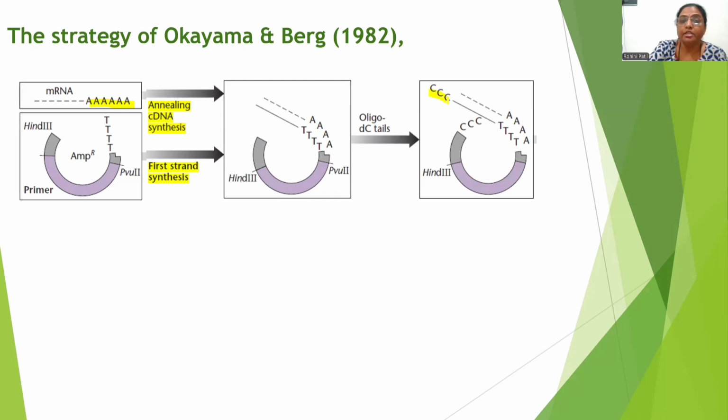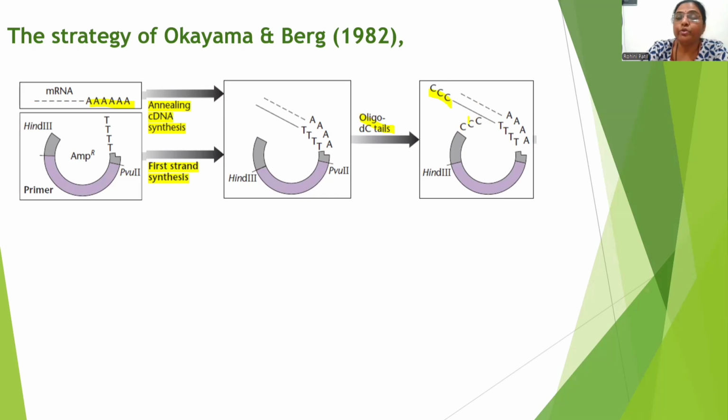That's why there is a synthesis of the oligo dC tail. Again the same enzyme, terminal transferase, is going to be used. But when you use terminal transferase, it is going to add the poly-C tail on both the first strand of the cDNA and the vector.